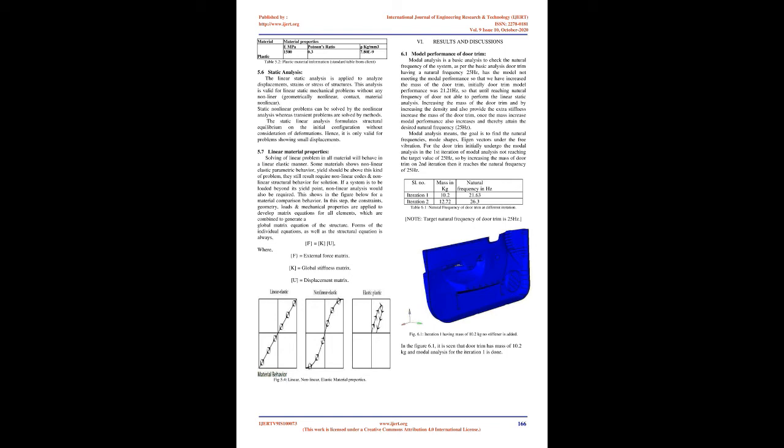The design and analysis methodology adopted here to replace the existing steel door module plate can be adopted to design and analyze plastic parts which replace semi-structural automotive parts currently made from steel.